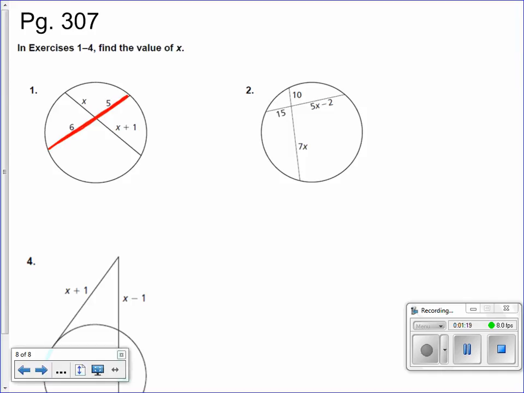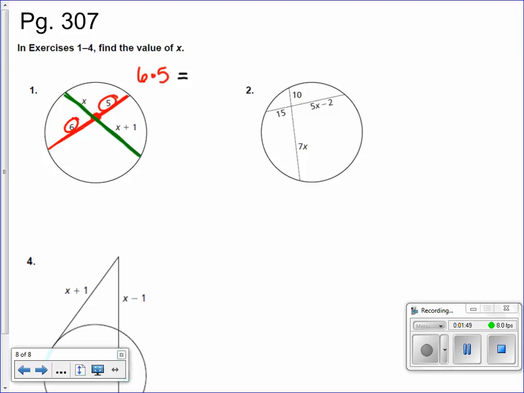All right, what are the 2 pieces of that chord? So here's the intersection point. What are the 2 pieces? Hopefully you're thinking 6 and 5. So we start off by taking 6 times 5. All right. Then we go to our other chord. And what are our 2 pieces of the green chord?